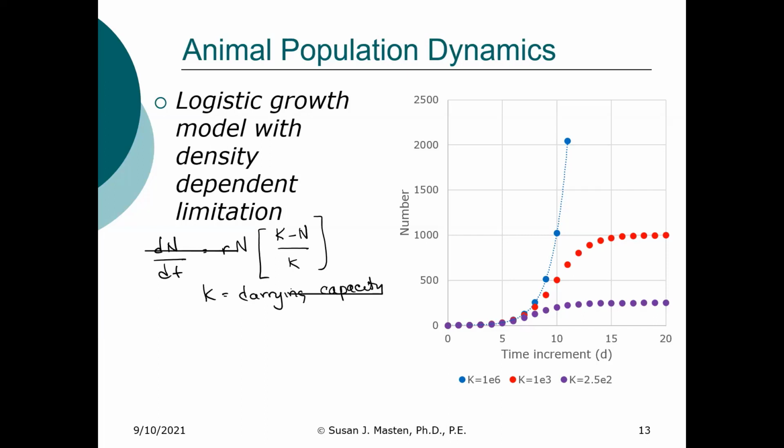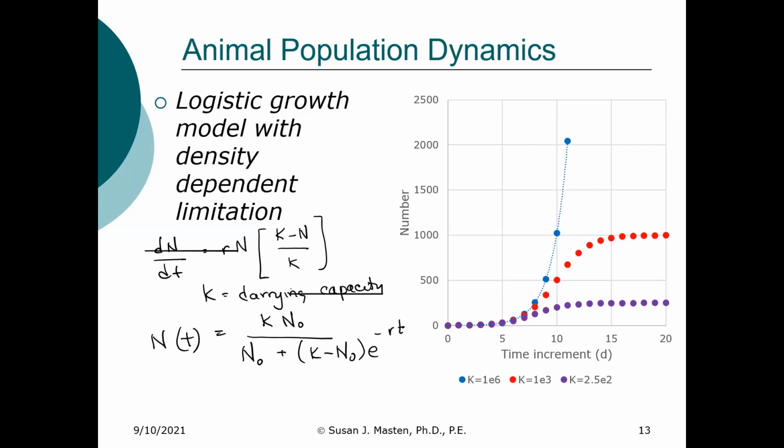And if we integrate this, then the number of organisms at any time t is equal to K times N sub 0 over N sub 0 plus K minus N sub 0 e to the minus Rt. Okay.